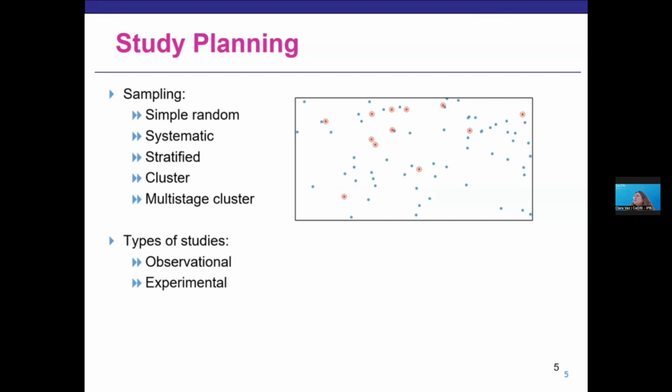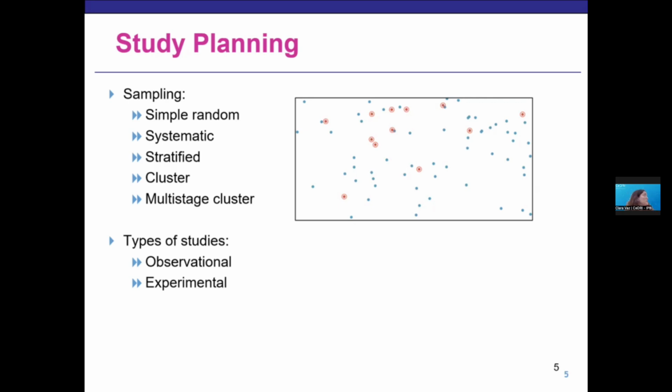We have different methods to achieve a random sample, like simple random sampling and systematic sampling, depending on the characteristics of the population. But the objective is to have a random sample that represents what happens in the population.